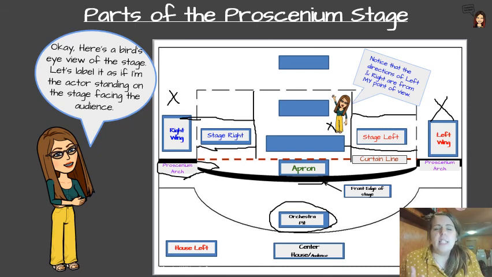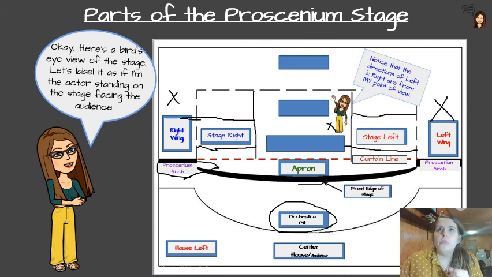So not only did this give a false perspective of making the stage look larger than it actually was, but it also allowed more stage for the actors to perform on. And it also, if you were an audience member watching everything, you would be able to see all the action.